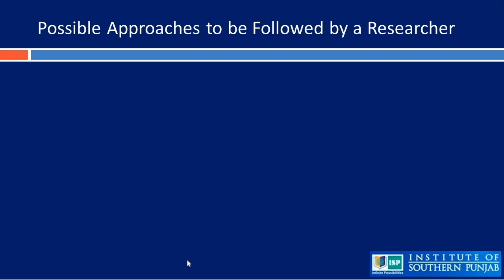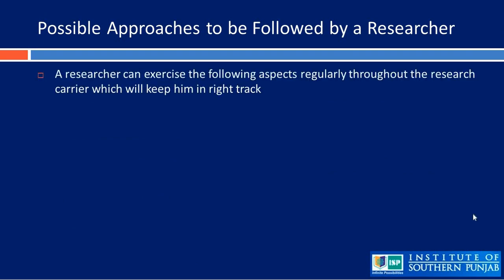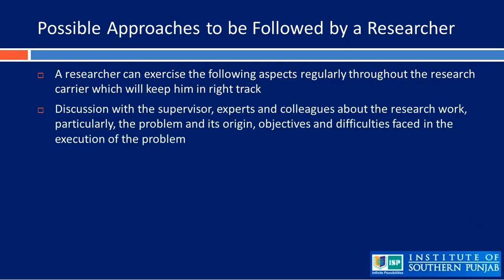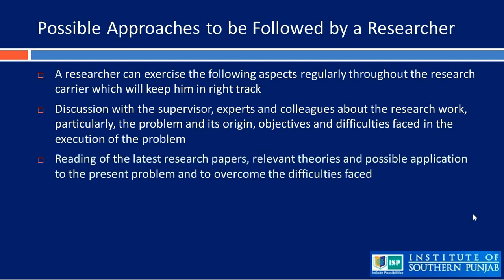Now we see possible approaches to be followed by a researcher. A researcher can exercise some aspects regularly throughout the research career which will keep him on the right track. Discussion with the supervisor, experts, and colleagues about the research work, particularly the problem and its origin, objectives and difficulties faced in the problem.